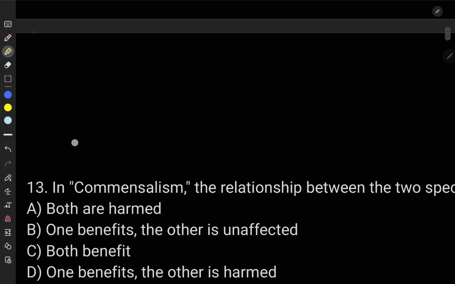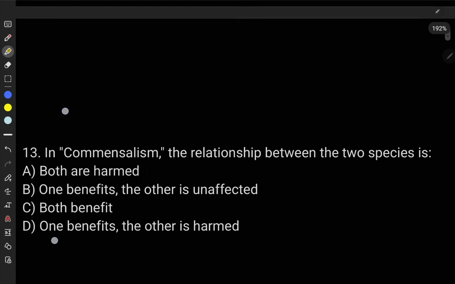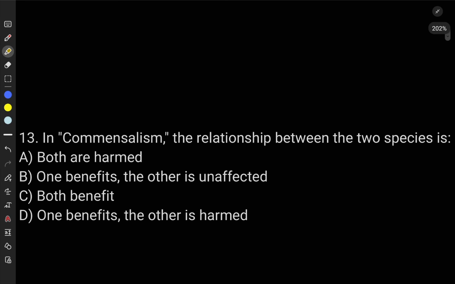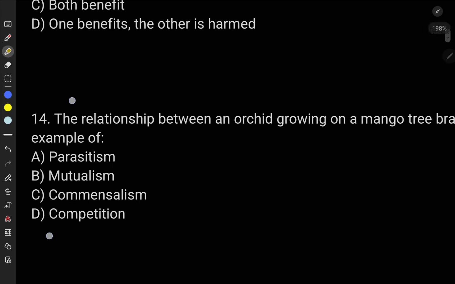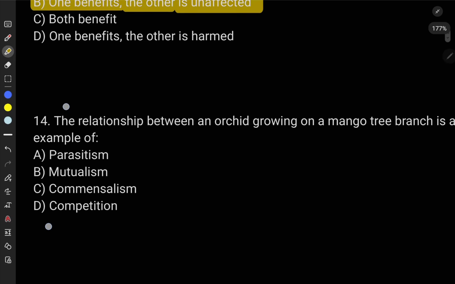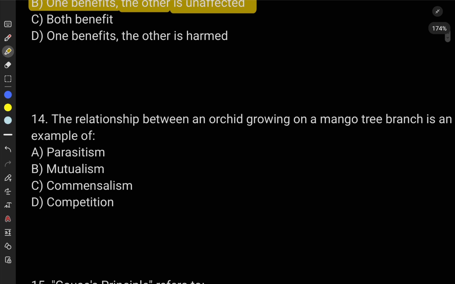In commensalism, the relationship between two species is option B, one benefits, the other is unaffected. The relationship between an orchid growing on a mango tree branch is an example of option C, commensalism.